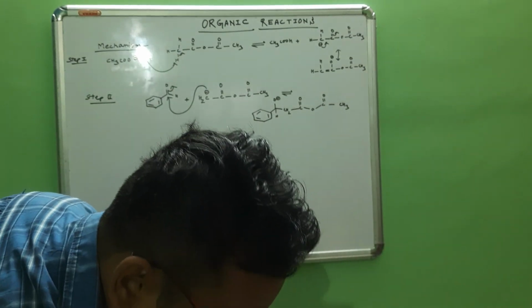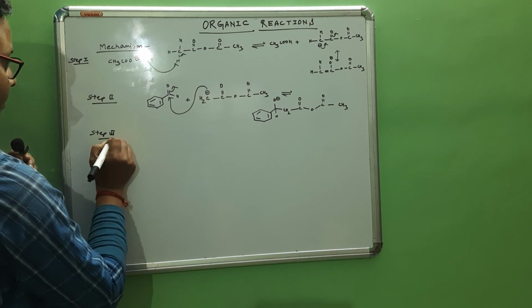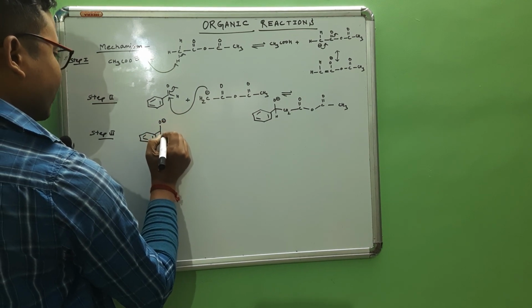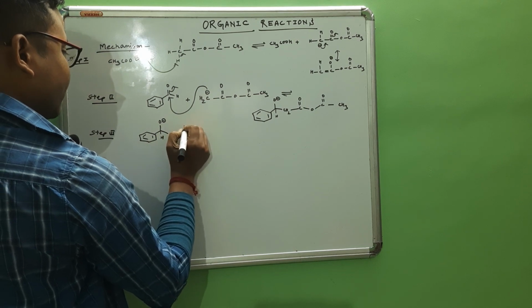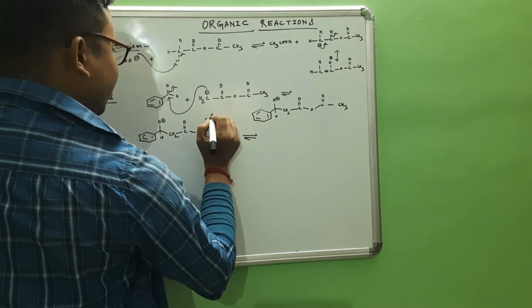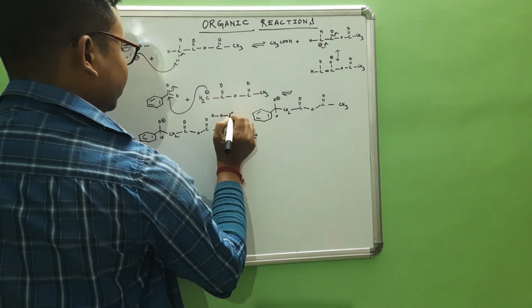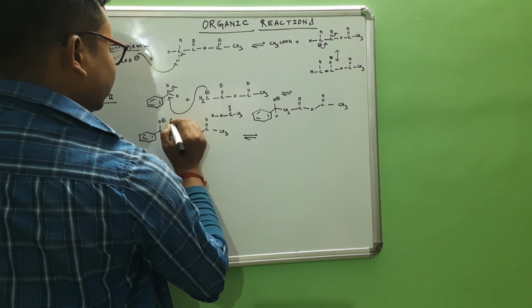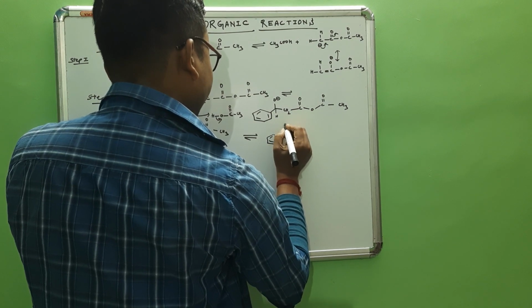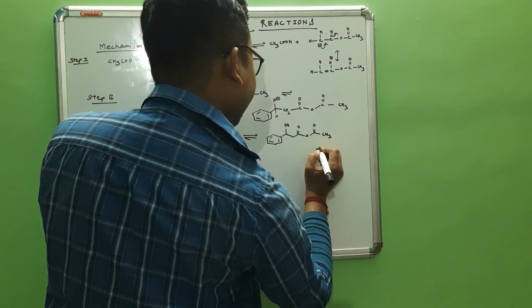Now step 3. So it becomes OH, and again the acetate ion will form.